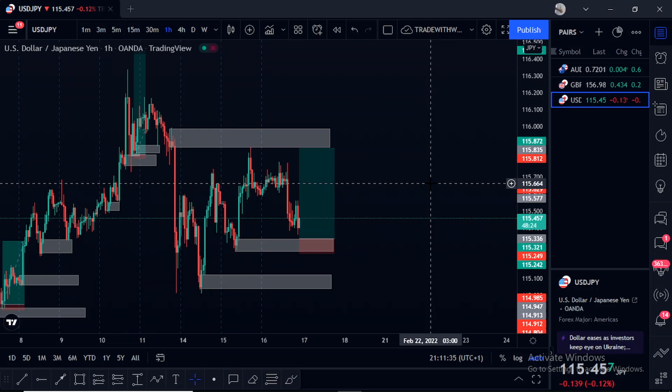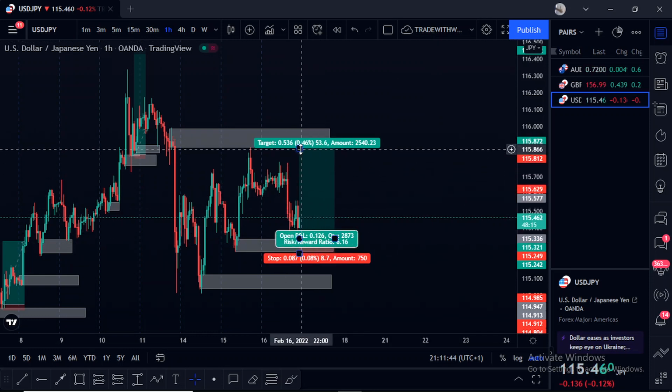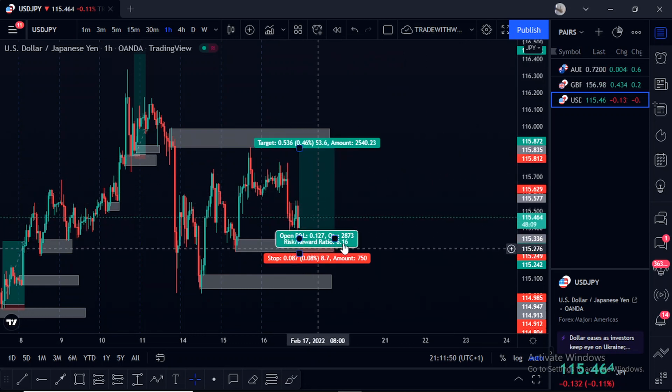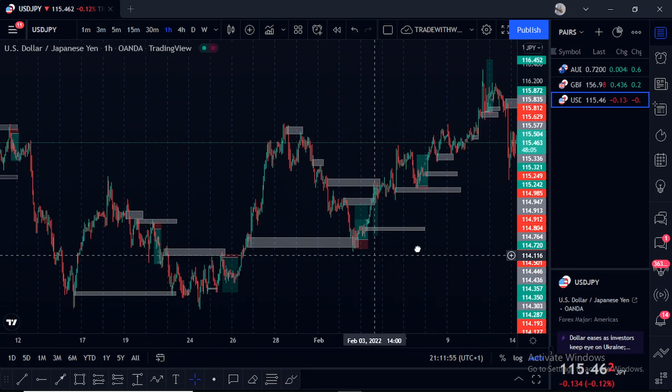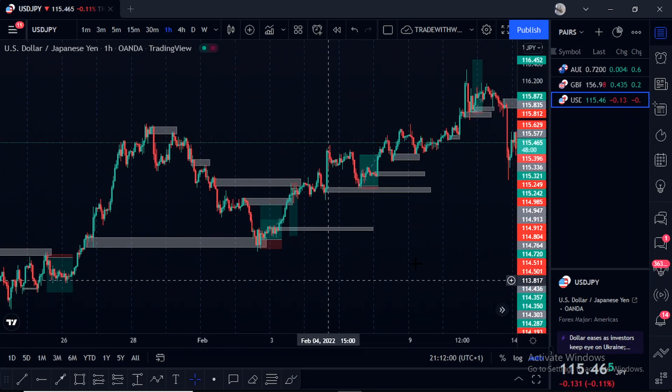But right now, we're still talking about the advantages, and the last advantage I have here is easy to achieve consistency. Whenever you're using this type of stop loss and this type of take profit, even if you're going to get a loss, the losses should not be much. It should not be something that will affect you. And you are getting the delivery of price faster, because with smart money, you should know exactly where the price is heading to and fro.